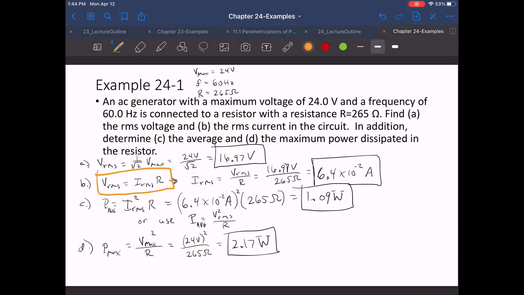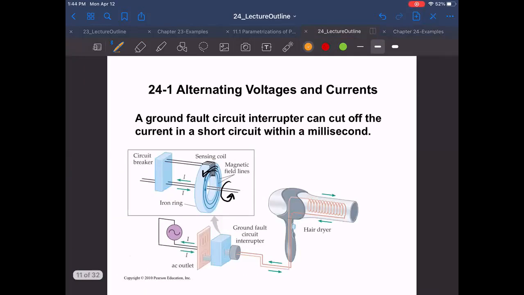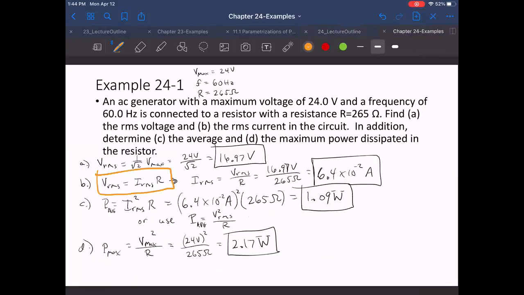Next, I want to do the average and the maximum power dissipated. The average power, remember we did right back there, is based off of the root mean square, or 1/2 of the maximum there. So I use that right there. P average is I squared R, but I_RMS squared R. And so then that equals that.